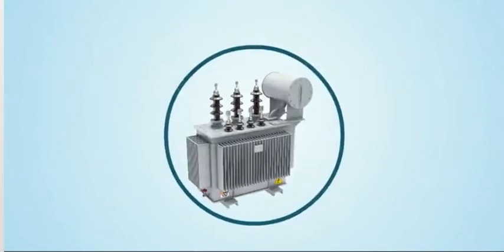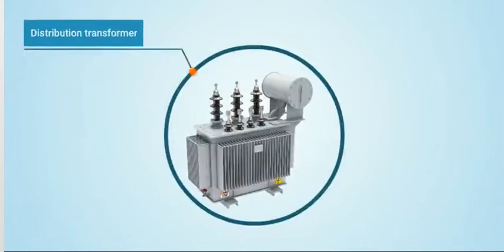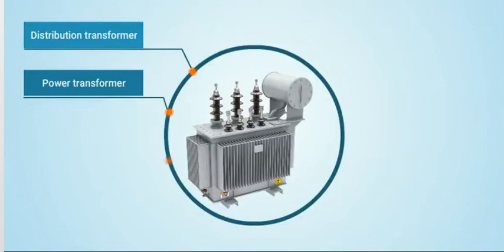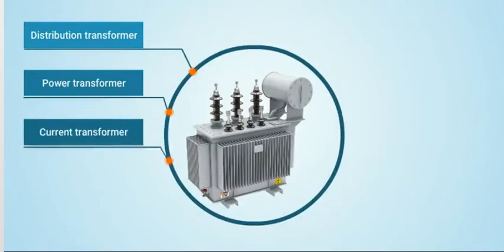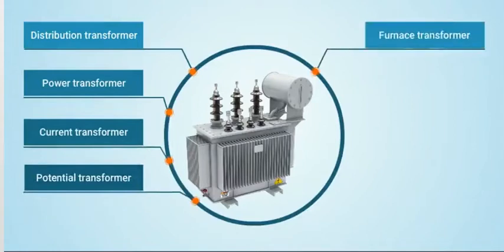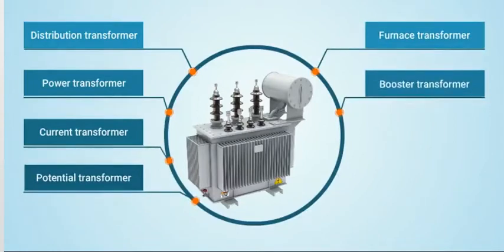Transformers can be classified into the following categories based on their application. 1. Distribution transformer. 2. Power transformer. 3. Current transformer. 4. Potential transformer. 5. Furnace transformer. 6. Booster transformer. 7.